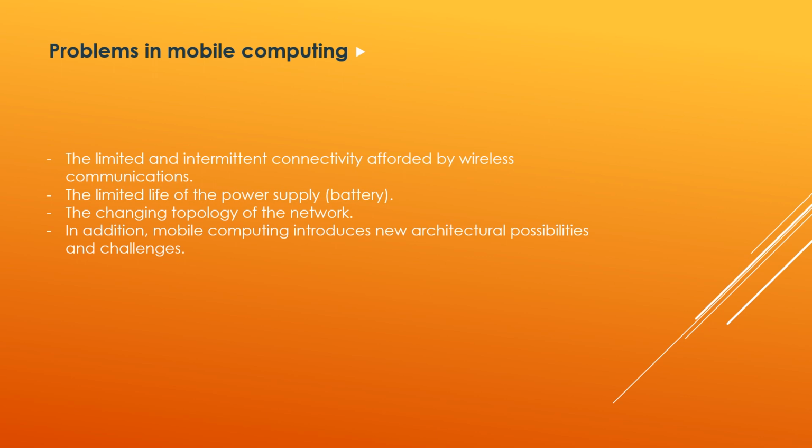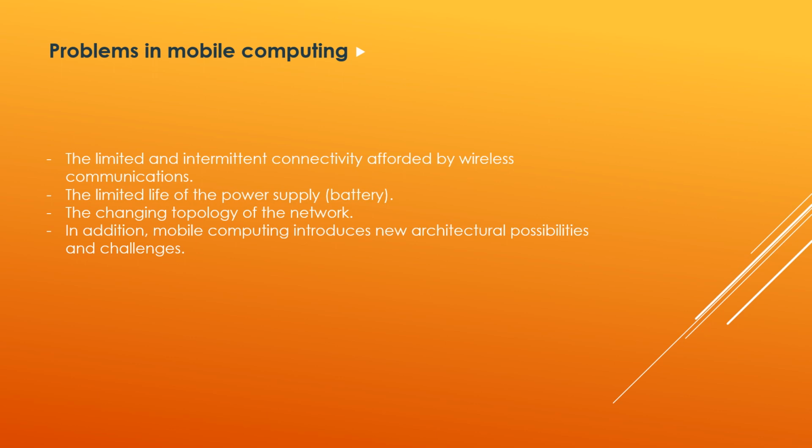Problems in mobile computing. There are a number of hardware and software problems that must be resolved before the capabilities of mobile computing can be fully utilized. Some of the software problems, which may involve data management, transaction management, and data recovery, have their origins in distributed database systems.